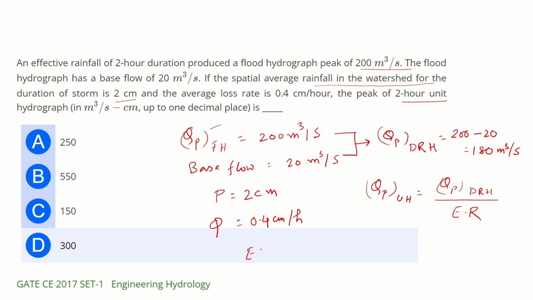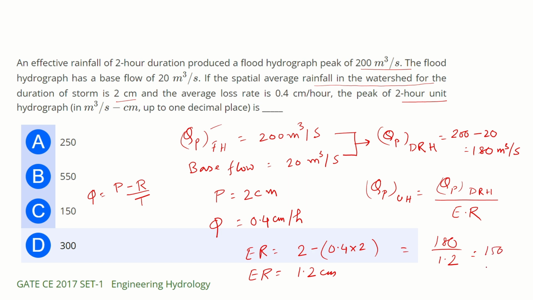Effective rainfall is equal to rainfall minus phi index multiplied by the time. Correct? Because phi index is equal to precipitation minus runoff divided by time. So from here, effective rainfall will be equal to 1.2 centimeter. That means 180 divided by 1.2, which is equal to 150 meter cube per second. So option C.